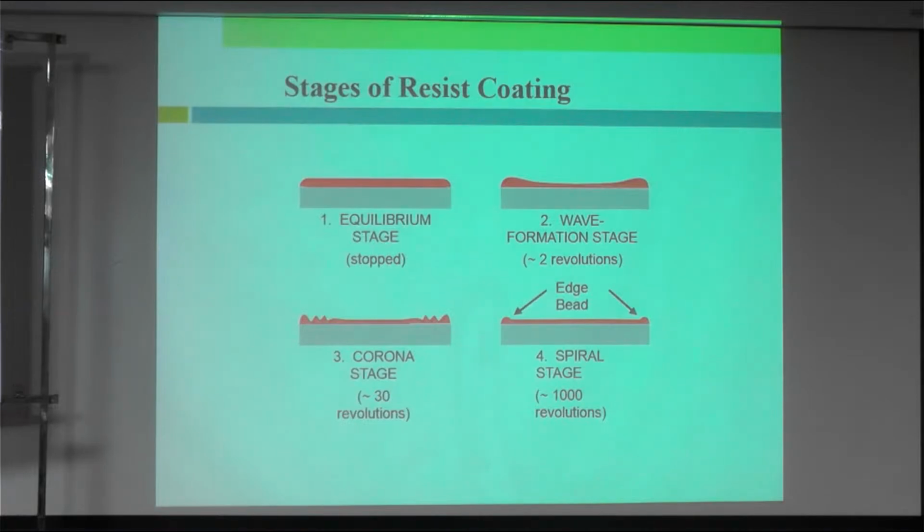Okay, and as I mentioned before, when you spin photoresist on the substrate, this is what happens. When you increase the rotation speed at this level, you might get thickness, but it will develop thicker at the edge.